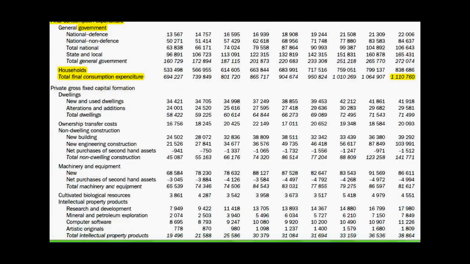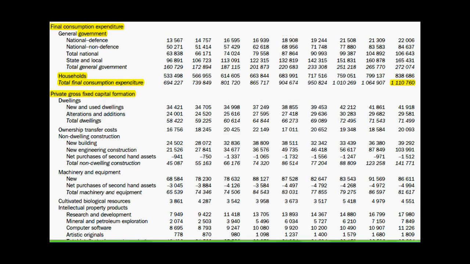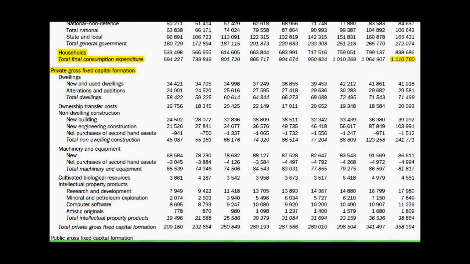Right, next one is private gross fixed capital formation. Now that is statistical talk for investment expenditure.